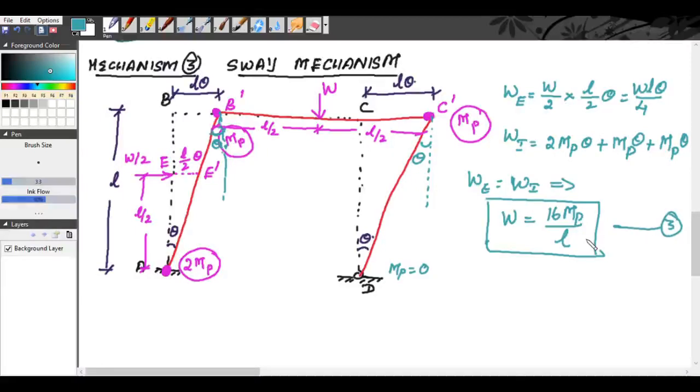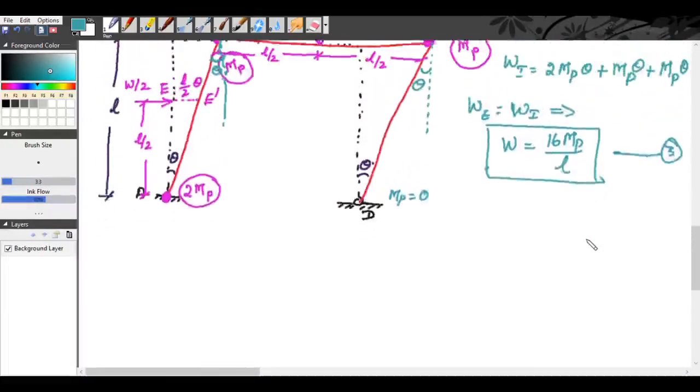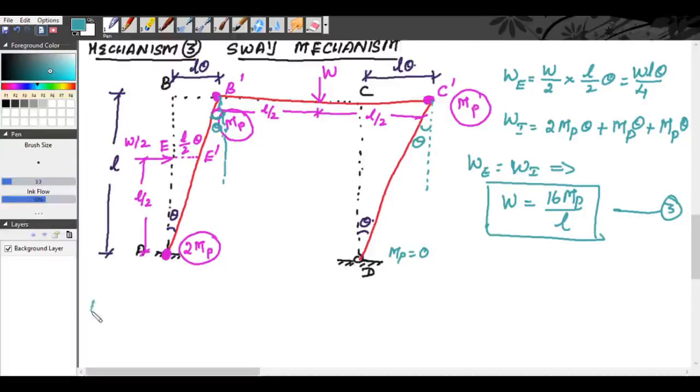Now we have one more mechanism. So 3 individual mechanisms and 1 combined mechanism. Now we will see the combined mechanism, that is mechanism 4. Mechanism 4 is the combined mechanism.